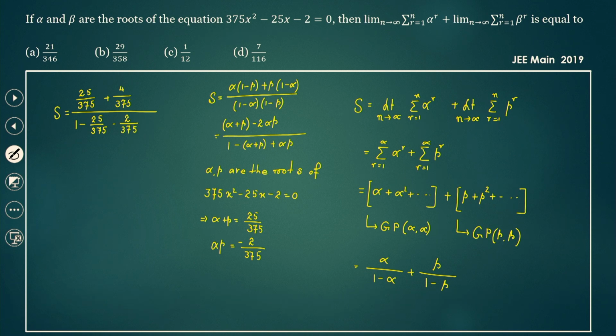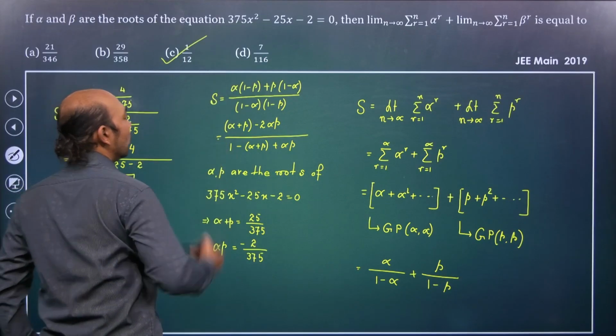We can multiply the numerator and denominator by 375. So we'll get 25 plus 4 divided by 375 minus 25 minus 2, which is 29 divided by 348. This is 7, yeah. That gives me 1 by 12. So for this problem, the summation value is 1 by 12.